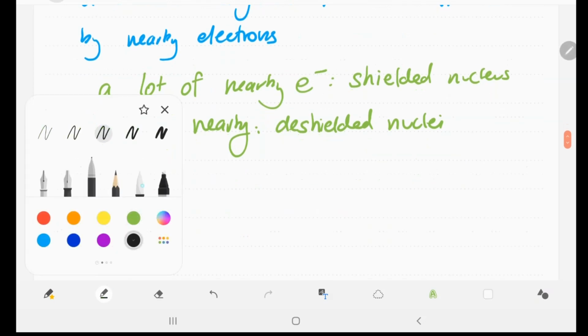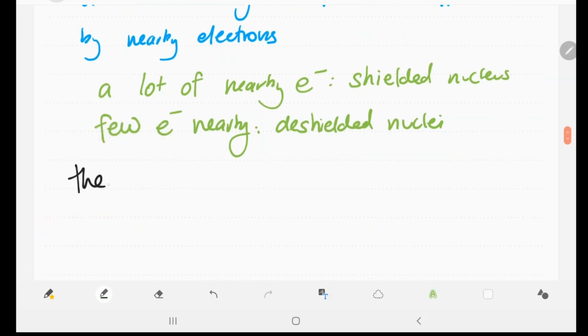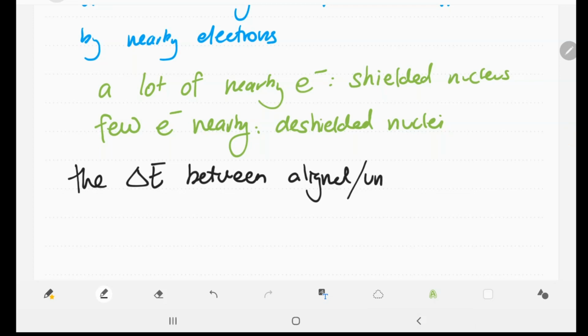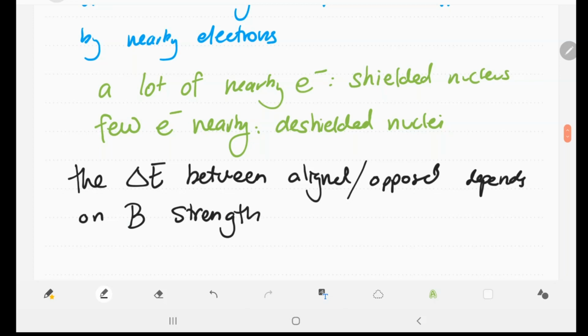So a lot of this, the change in energy between aligned and unaligned, rather opposed, depends on your magnetic fields, right? Remember, B is magnetic field.